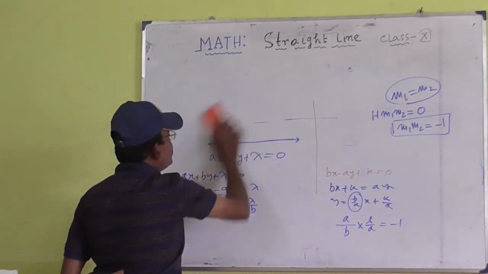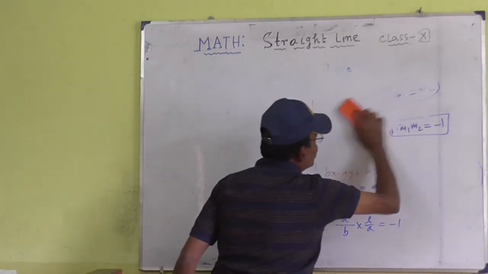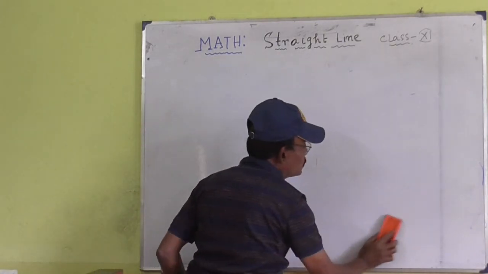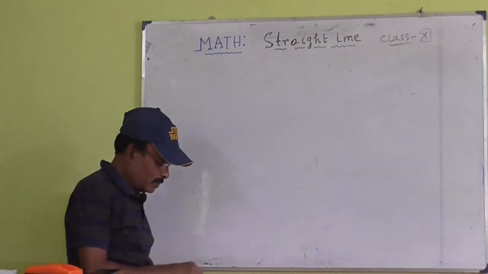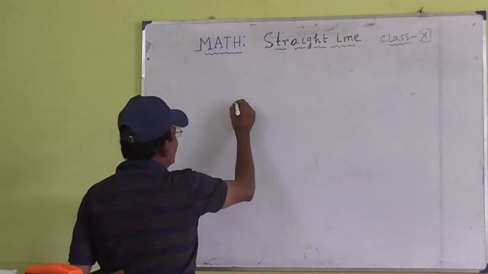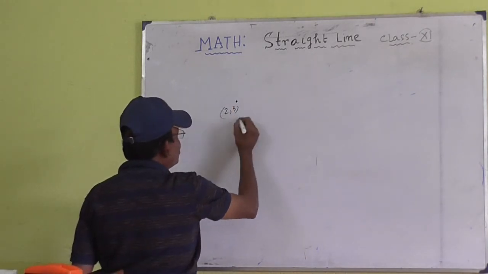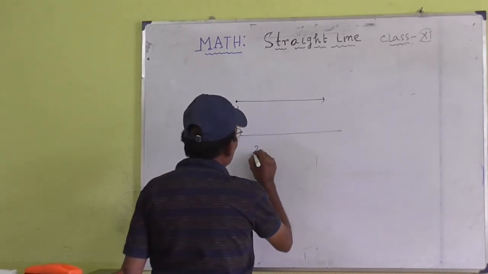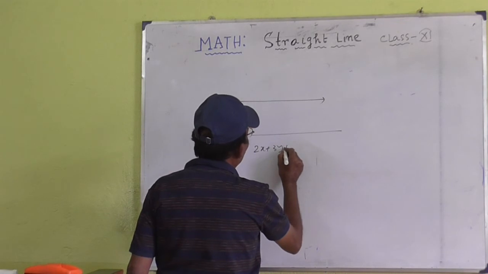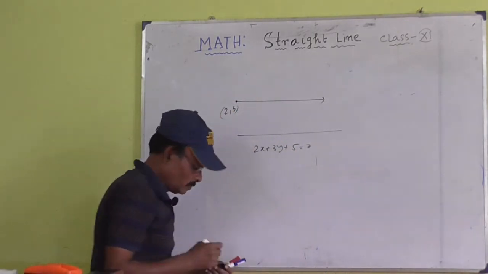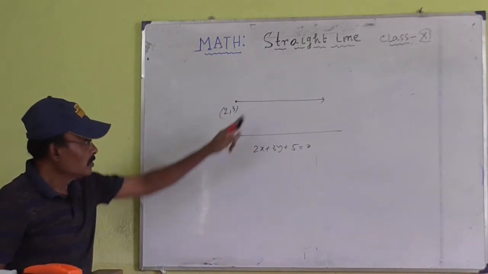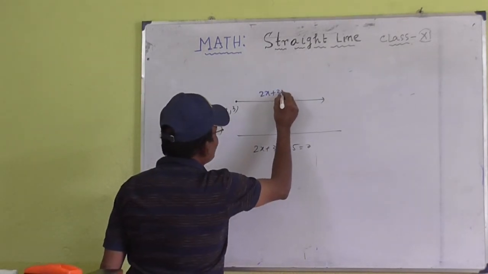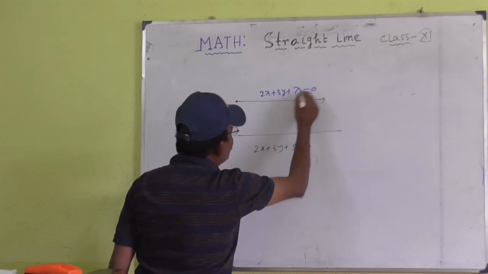Let us take one example. This is a very important portion, and you should understand it clearly. Let us say a line is passing through the point (2, 3), and it is parallel to the line 2x plus 3y plus 5 equal to 0. Now, this equation will be 2x plus 3y plus lambda equal to 0.